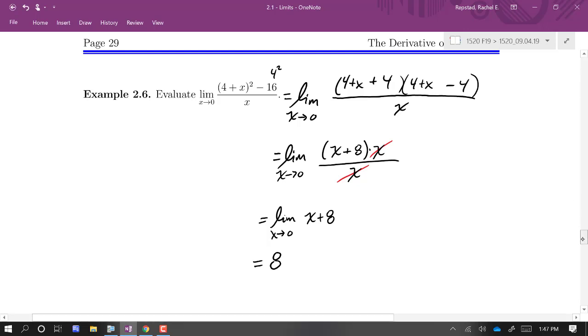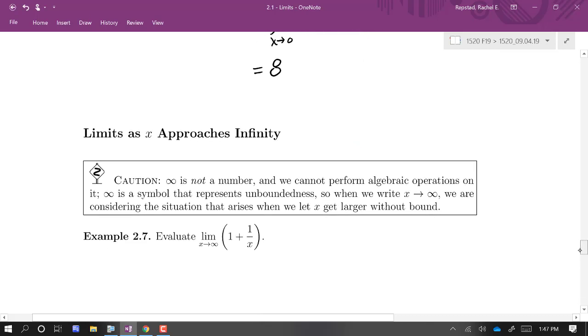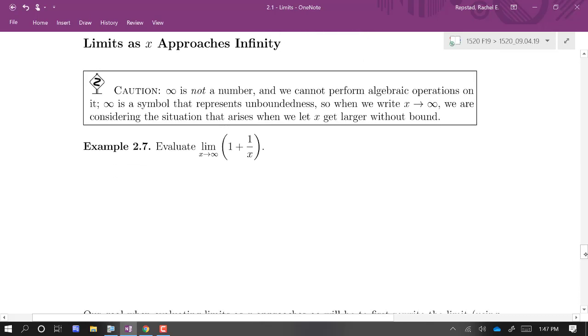There's another type of limit that we can evaluate, and these are limits as x approaches infinity. So with limits as x approaches a number, we're saying, can I zero in on a particular number from either direction and see what my y values are approaching?